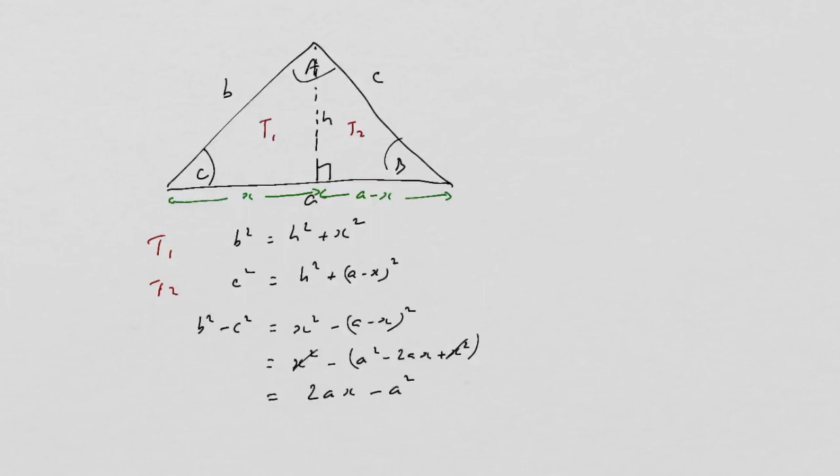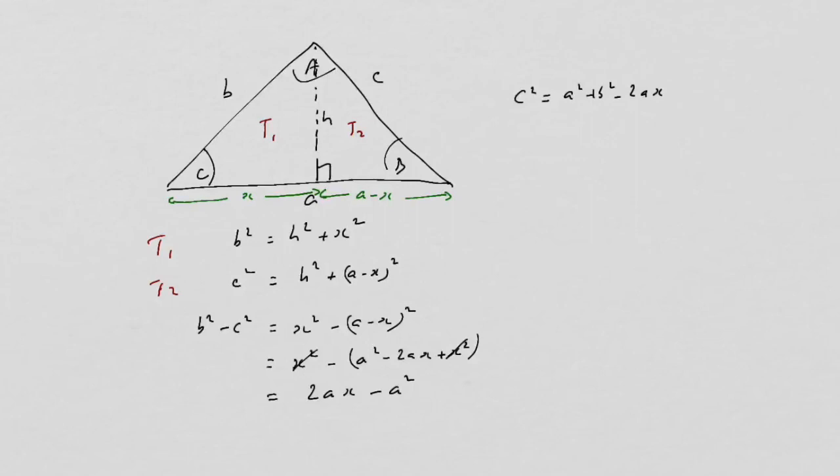Now we can rearrange all of this, which I'm going to do in one step, to give us c squared equals a squared plus b squared minus 2ax.